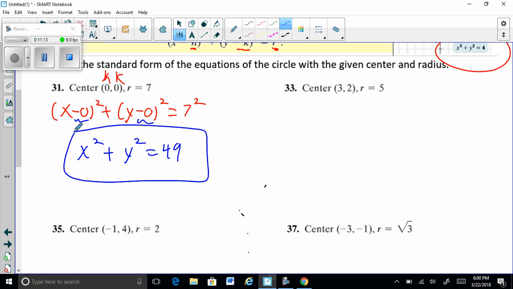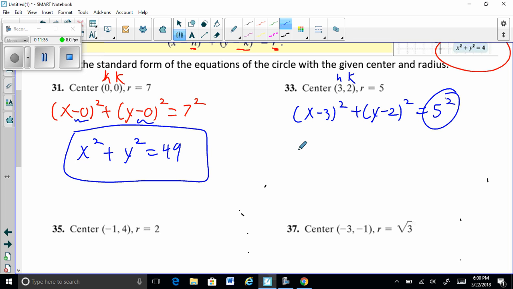So that one was pretty basic. All right, so on this next one, here's our h and k. So we're going to have x minus 3 squared plus y minus 2 squared equals 5 squared. Okay, nothing you really need to simplify except maybe the 5 squared. And so let's see, we're going to have x minus 3 squared plus y minus 2 squared equals 25. There you go.